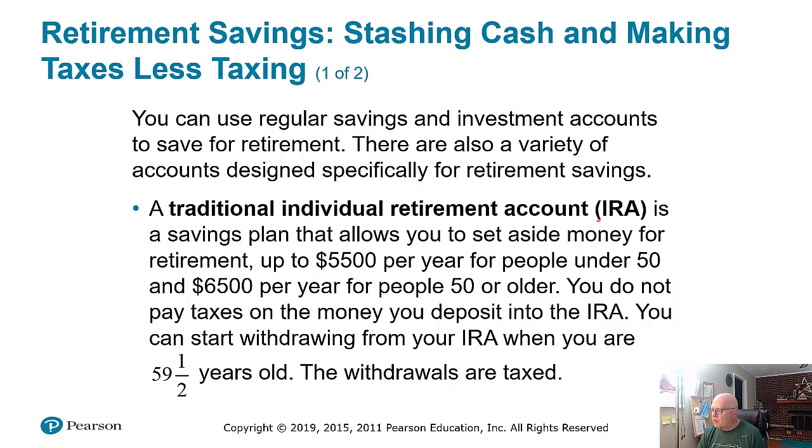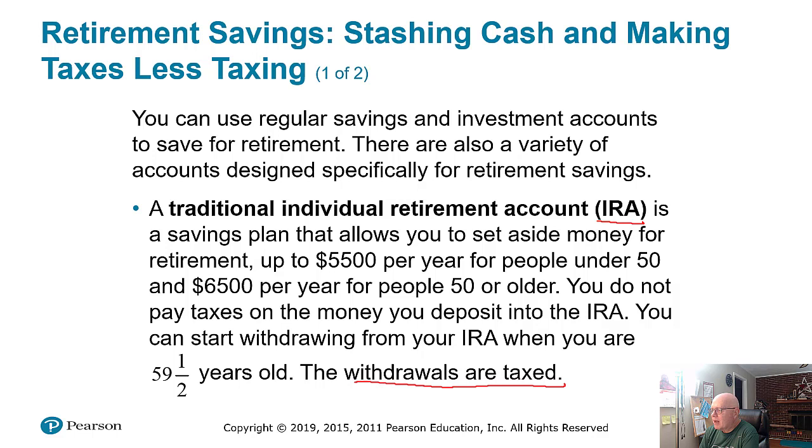An IRA, you've heard of IRAs, I'm sure. One thing you ought to know is that, of course, it's for retirement. You don't touch it. Set aside money, and that money you deposit in the IRA is not taxed. Withdrawals are taxed. That's why you want to leave it in.